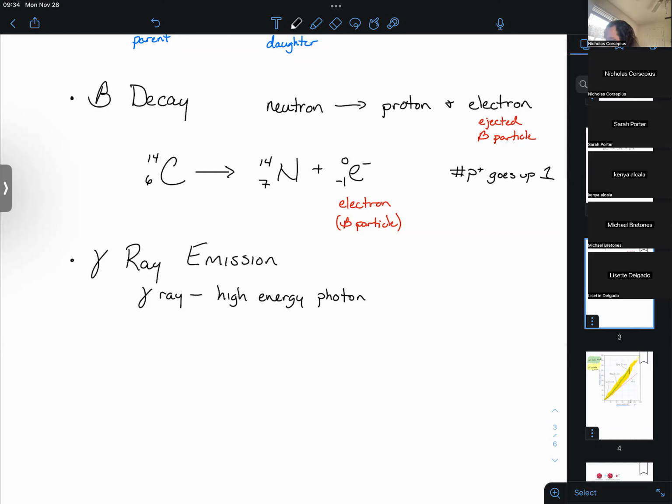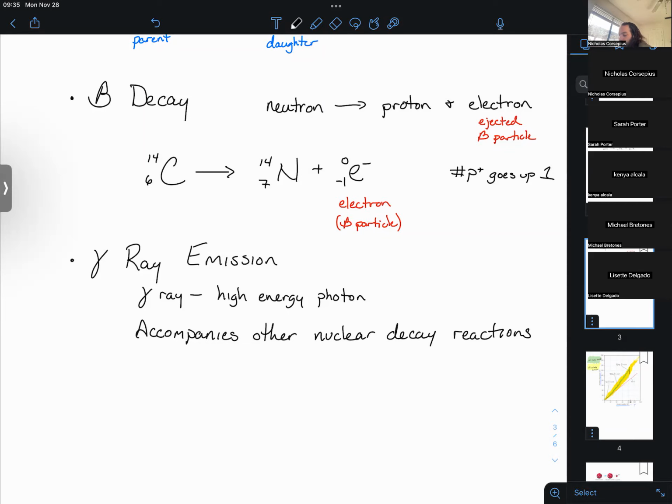Okay, so a gamma ray is a type of emission that accompanies other nuclear decay reactions, right? So when you have alpha decay, there's going to also be some gamma radiation that's emitted.